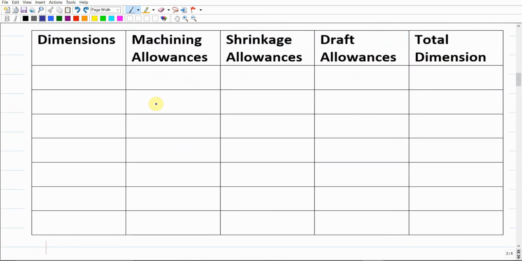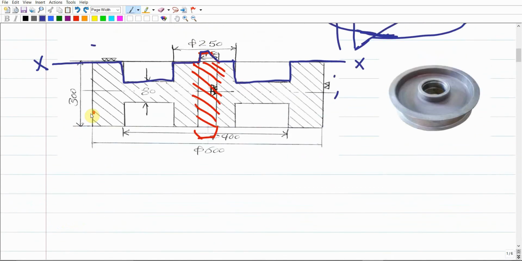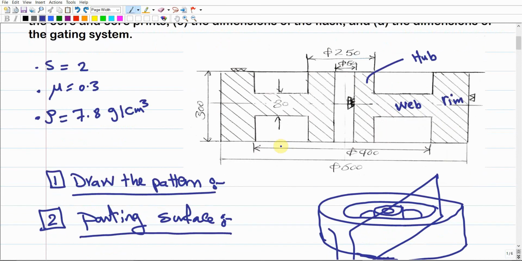First of all, you have to fill in this dimensions table. All the dimensions that are already given here, you should plug them into this table. So we do have here the 600 diameter, the 400 diameter, the 250 diameter, and the 50 diameter, in addition to the 300 height and the 80 height, or thickness of the web.